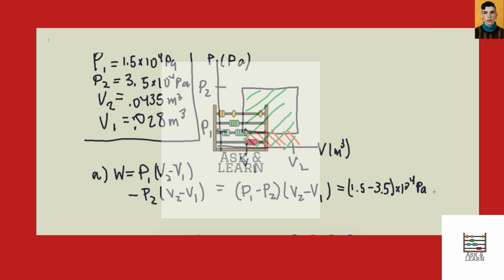Sorry, that's ugly. And then delta V, or V2 minus V1, is 0.0435 minus 0.028 meter cubed. Okay, so if you take this and plug it into a calculator, you will hopefully get negative 310 joules.